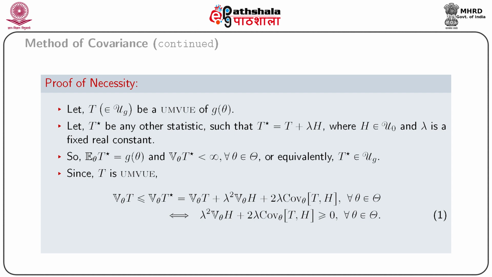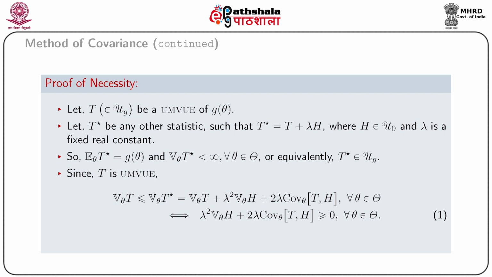Therefore, expectation of T star equals expectation of T plus lambda times expectation of H, which is equal to g(theta) for all theta, which implies that T star belongs to U_g.